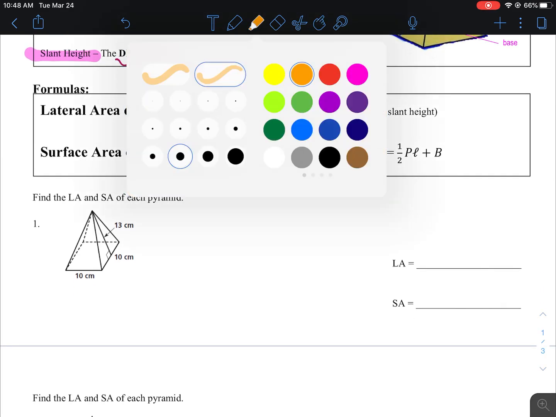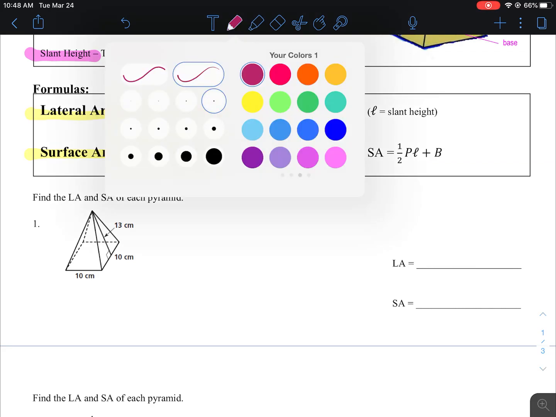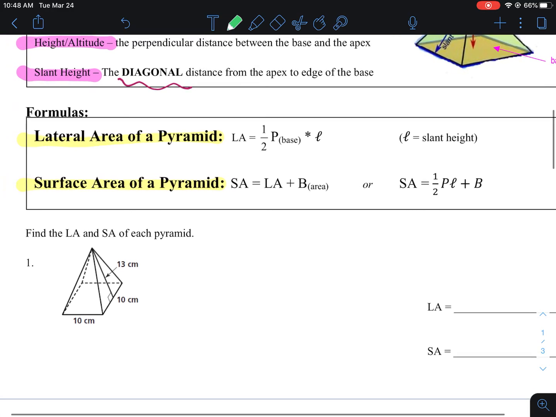So here they are. Here is the lateral area of a pyramid formula and the surface area of a pyramid formula. So firstly, for the lateral area, it is 1/2 times the perimeter of the base times this little cursive L. That means that cursive L is slant height. Okay, so height is always going to be represented by H, like it always has been.